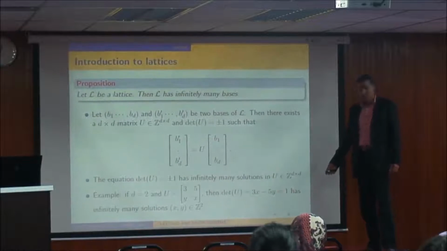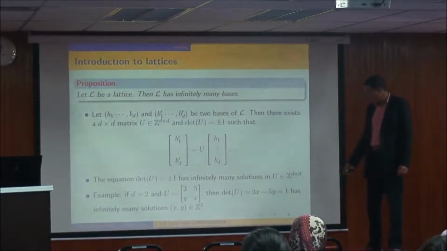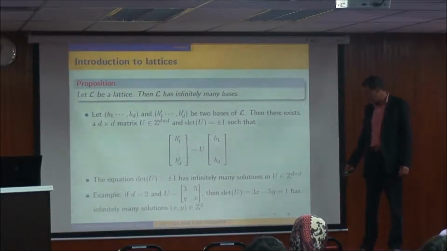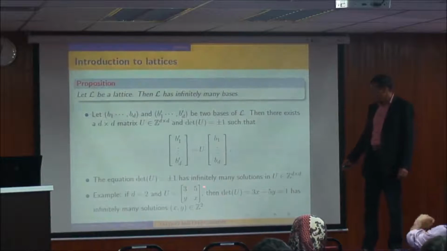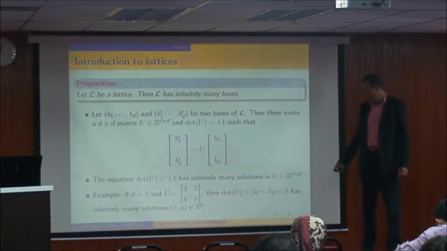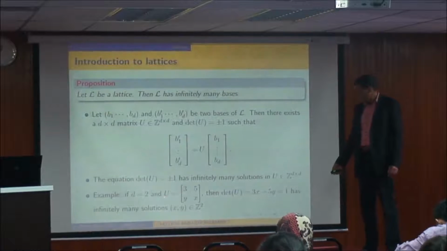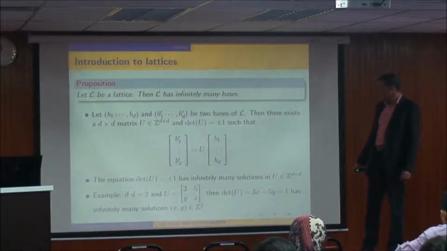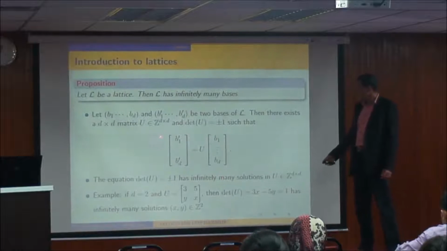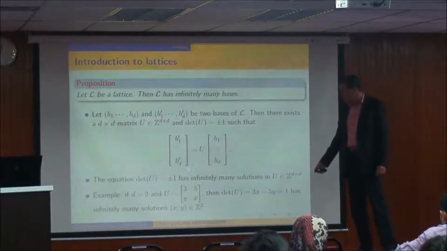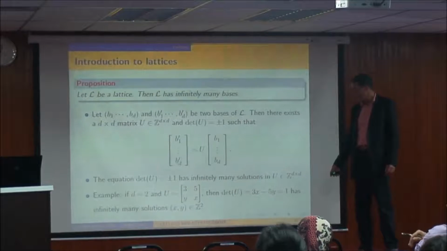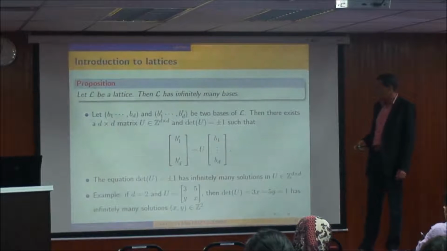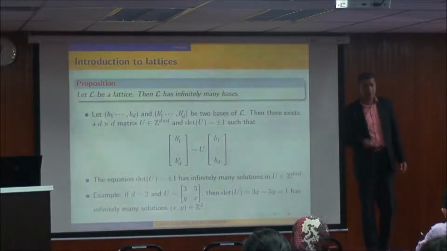We need this determinant to be 1, so we can find that there are infinitely many integer solutions to this linear equation, which means that we can find infinitely many matrices U such that the determinant is equal to 1. So we can move from any basis like this to another one by using simply a matrix with determinant plus or minus 1. So a lattice has infinitely many bases.